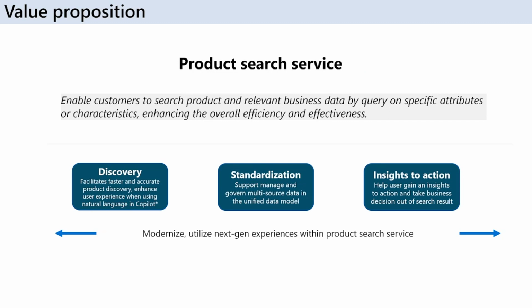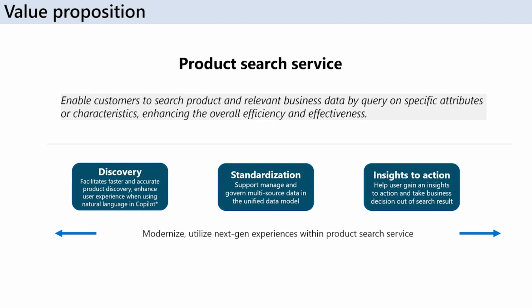We have three value propositions for our product search service. The first is to facilitate swift and precise product discovery through attribute-based searches. It will ensure our customers can quickly find the product they are looking for and elevate the user experience, by supporting natural language queries and making the search process more intuitive and user-friendly.